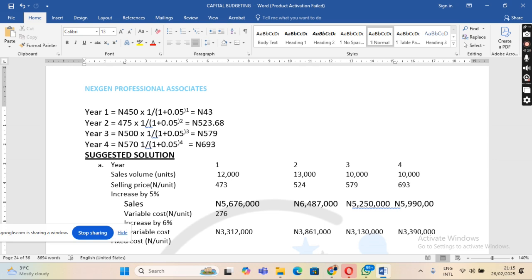Then whatever you get, you multiply it by 450. The inflation is 5%, so 5% means 105 over 100. Then 1.05 raised to the power of 1 is still the same thing times 450. You have 47 something, which rounds up to 470.